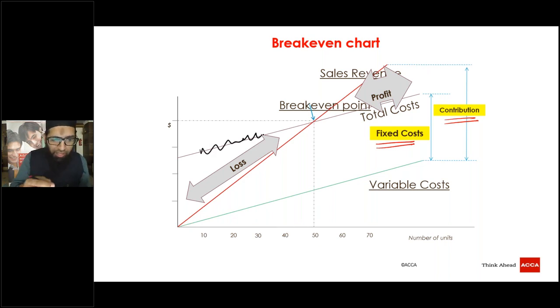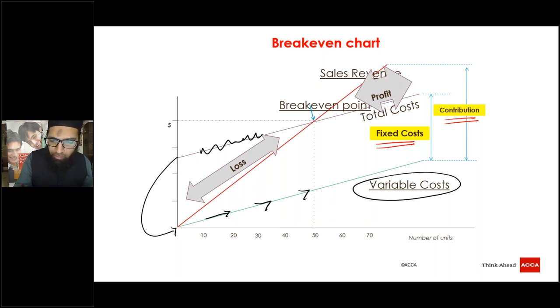So if I subtract the fixed cost from the total cost, I will get the variable cost only, correct? So I have subtracted the fixed cost from that so that I can make a line of variable cost. So this line represents variable cost. This green line is a variable cost.